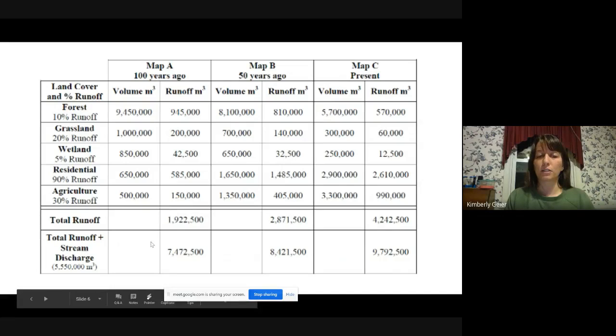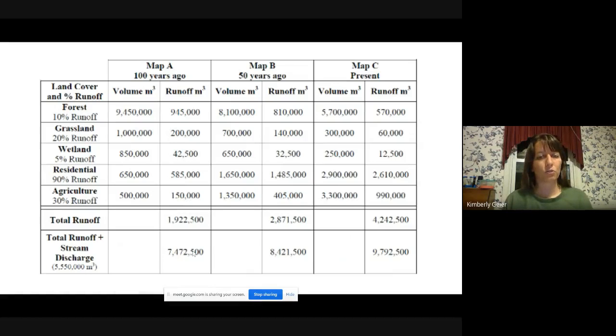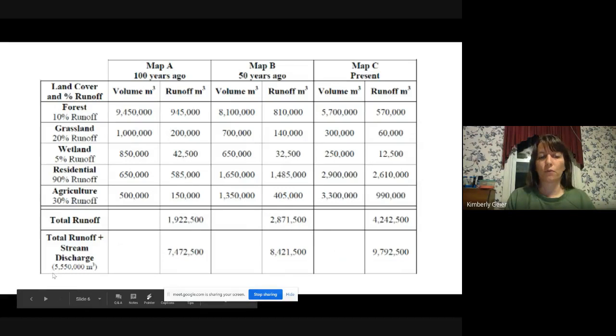This adds into the stream, because the water that's going to directly hit the river is going to add to the river, and that's 5.5 million cubic meters. So we get that much of the stream. And so we can see our total runoff plus our addition to our stream.